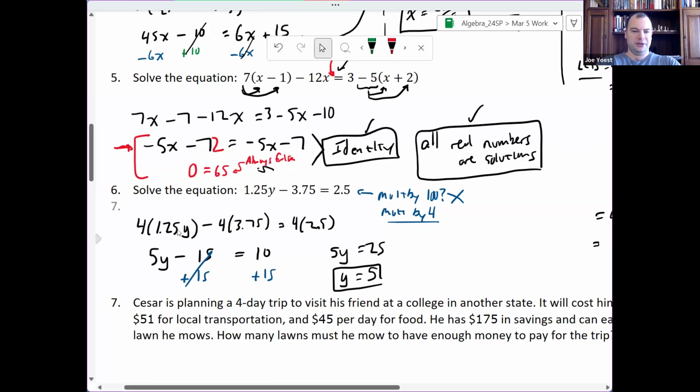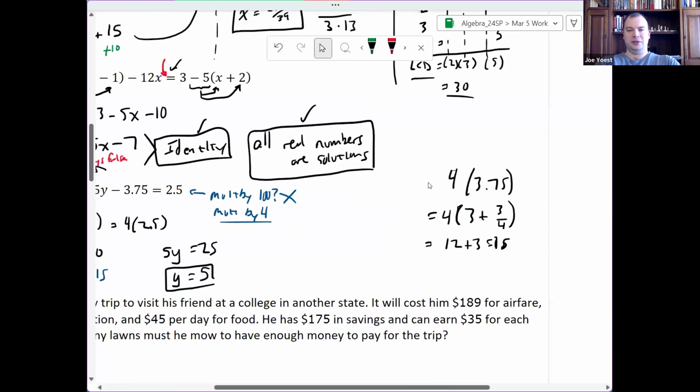So 4 times 1.25y minus 4 times 3.75 equals 4 times 2.5. And if we're multiplying decimals like this, one little trick we can use is the distributive property. So 3.75 is 3 plus 0.75.